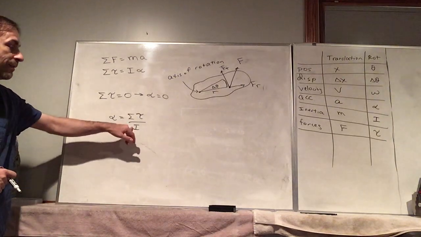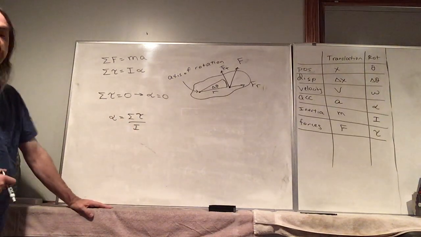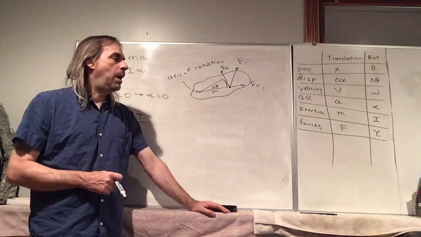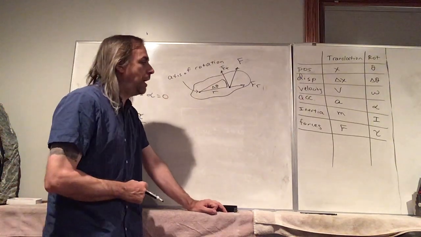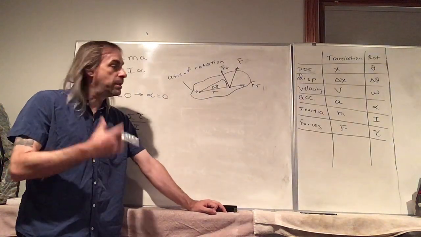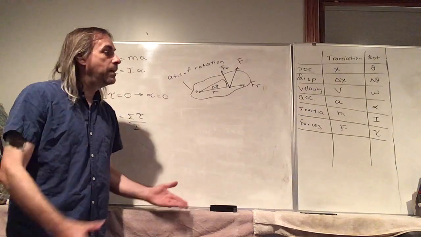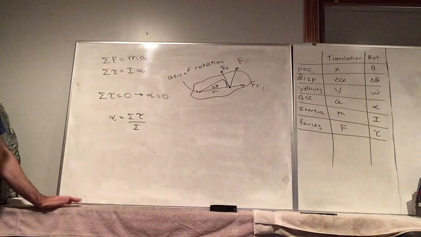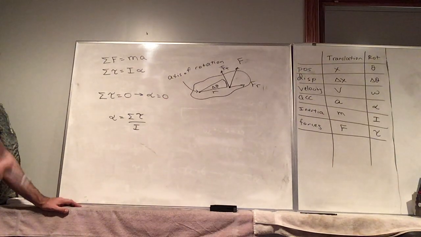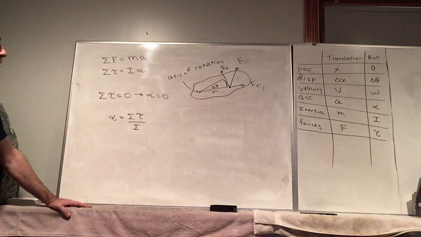If we have a small moment of inertia, large acceleration. And so this term is well defined. It's a measure of rotational inertia. The higher this is, the harder it is to change its state of motion.